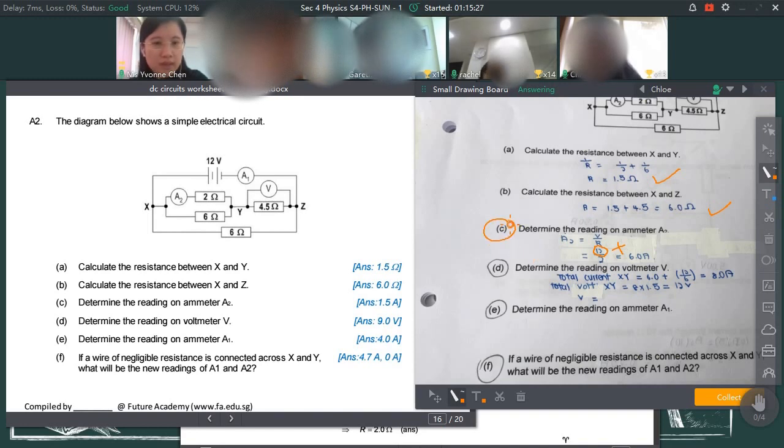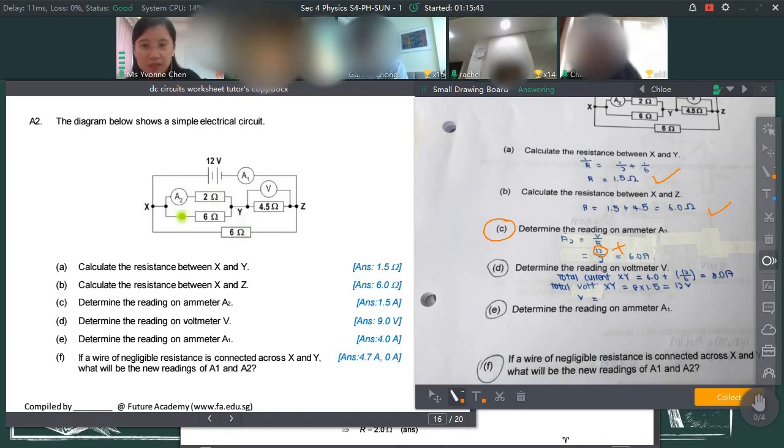Chloe, do you see my marking there? Part A, Part B, very well done. Part C, the A2, right? You cannot use 12 because 12 is too much to be the potential difference across. You can see this part because there's 1, 2. These two parts together add up. The potential difference is 12, not only one part.